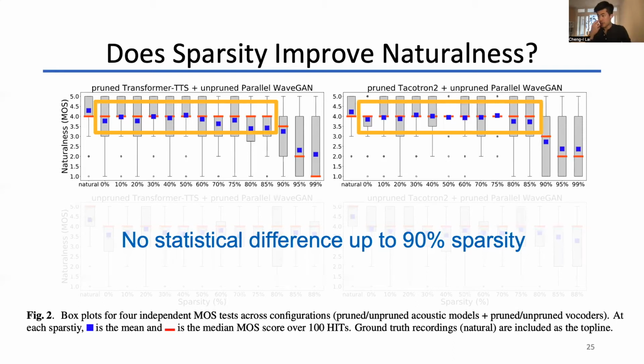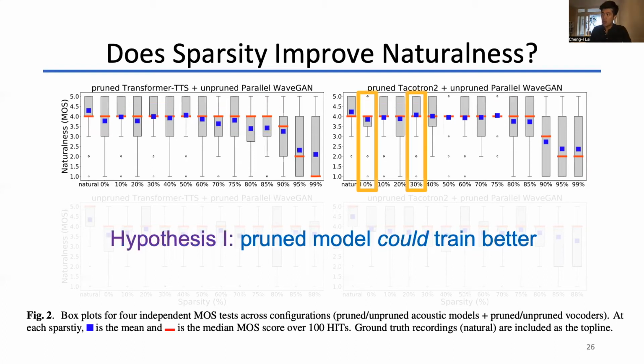The main observation is that there is no statistical difference up to 90% sparsity. We also observed that at 30% sparsity, Tacotron 2 actually produces more natural synthesis than the original Tacotron 2. This leads us to the first hypothesis that pruned models could train better.